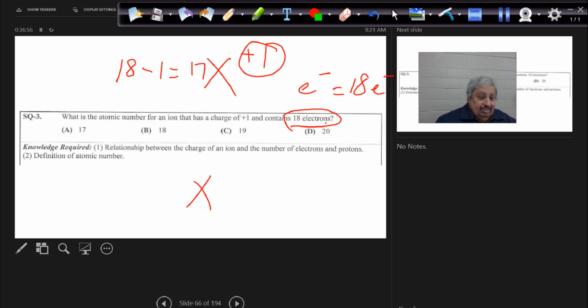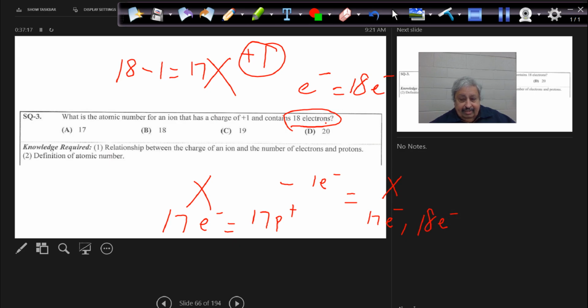So the neutral atom will have 17 electrons and 17 protons. Now, if you subtract 1 electron, this one will have 17 protons as is, and 18 electrons. Are you following me now?